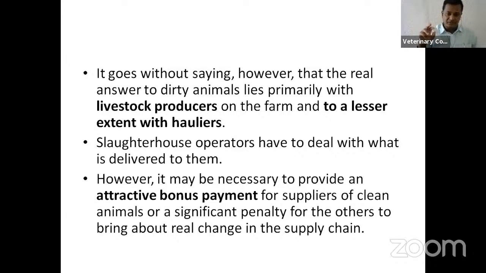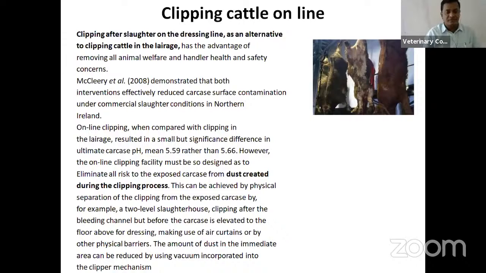For that differentiation, the abattoirs can have the practice of giving attractive incentives. If you can encourage them, they will subsequently supply cleaner animals to the abattoir, so that there is no question of such contamination occurring at the abattoir.